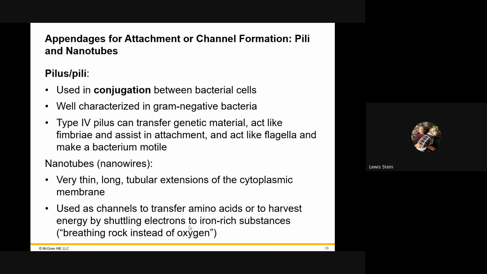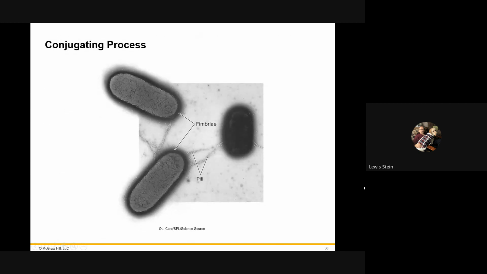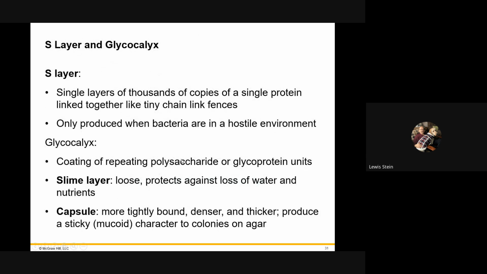And so when you get a bacterial infection, your liver sequesters iron. We try to limit the ability for the bacteria to use it. So here you see this illustration all the time. Fimbriae are the little bristles, while the pili are much larger and longer, and they connect. And it doesn't have to be just one, you could have more than one interacting with another.